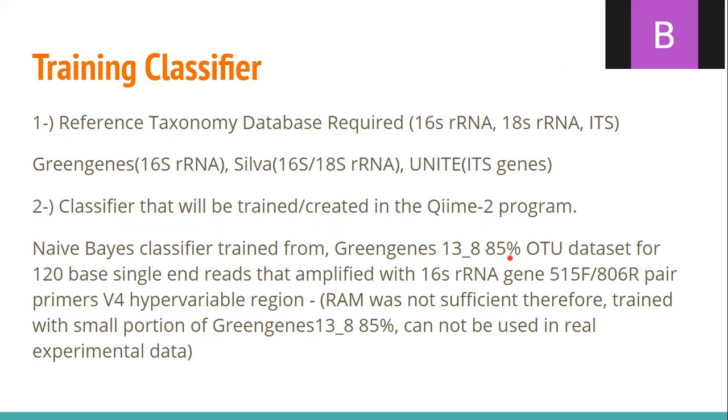It is 85% OTU dataset, which does not contain all of the taxonomy of 16S, because complete training of the classifier needs a lot of RAM memory on my computer, and I do not have that much. So I used a portion of the database, and I have also tested it for the specific region in the report.